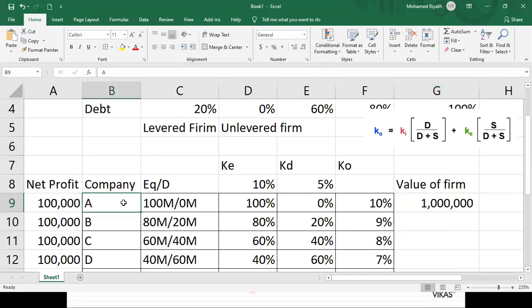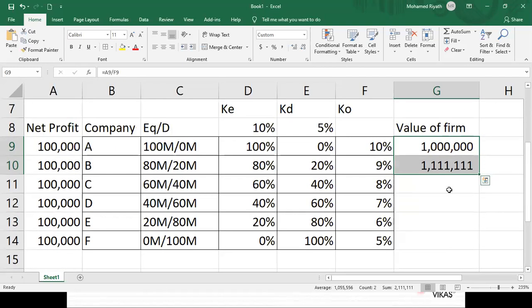Value of A, how much? Please post the answer. How do we calculate? Net profit divided by overall cost of capital. How much? 1 million, right? For company B, how much?